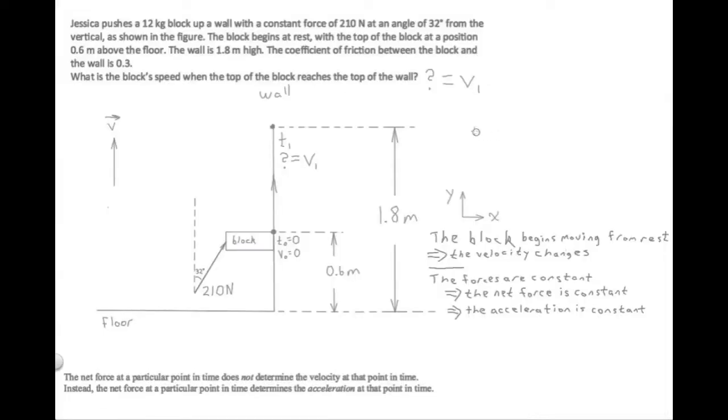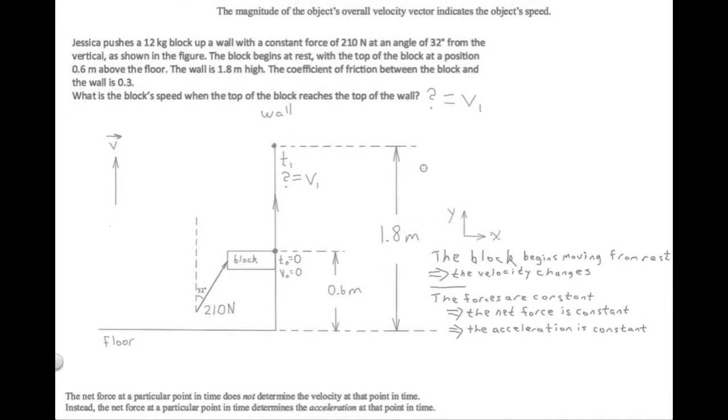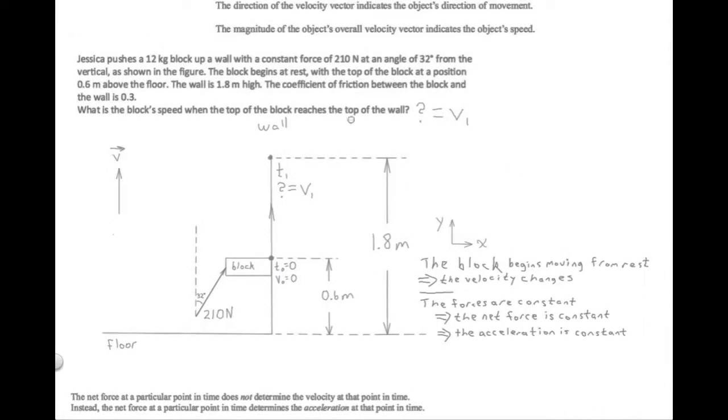Well, we know that in this problem, the object begins at rest and then begins moving. But that means that the velocity is changing. If the object begins at rest and then starts moving, that means that the speed changes. The speed starts at 0 and then increases. But the speed is the magnitude of the velocity.